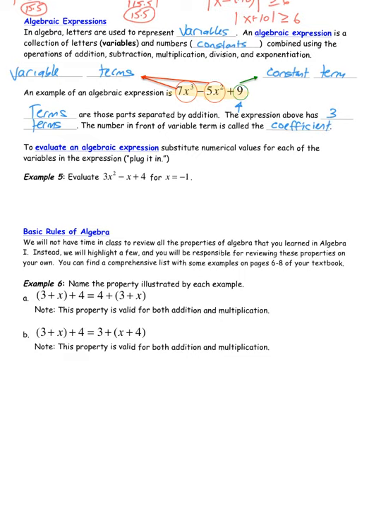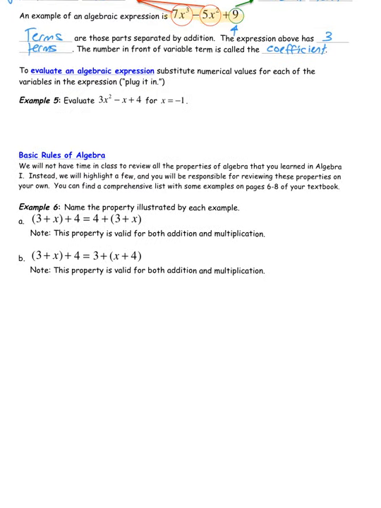All right, to evaluate an algebraic expression, we substitute the numerical values for each of the variables in the expression, and usually we'll just say plug it in. So for example, if you want to evaluate 3x squared minus x plus 4 for x equals negative 1, we simply substitute negative 1 in for x everywhere that x appears in the expression.